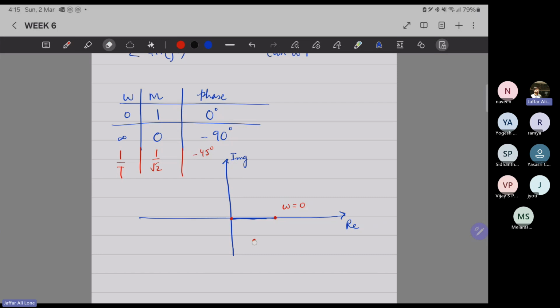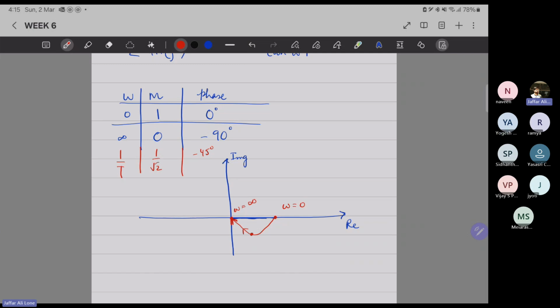So, okay, wait. And then when I take omega as infinity, my magnitude is going to 0. So I'm moving something like this. Right? So this is omega equals to infinity, right?